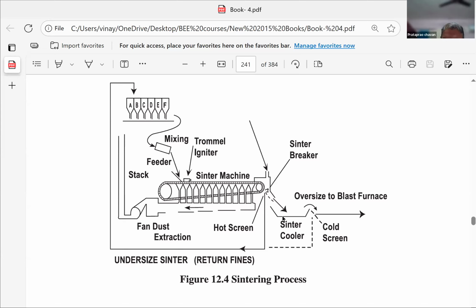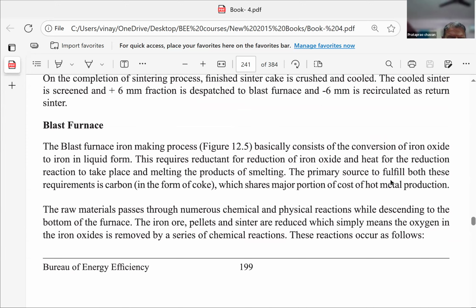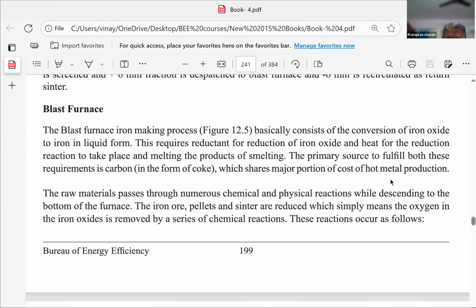And very small particles in the form of dust, powder, again go back to the bunker. It's reprocessed. So in short, this is the return of fines, the fines which could not be converted into sinter go back. Here is the description of the blast furnace.